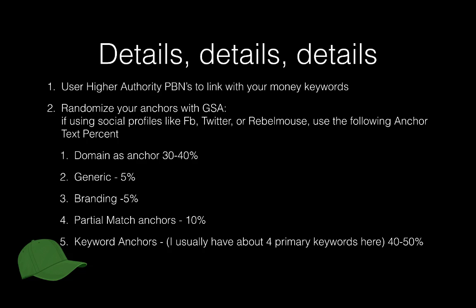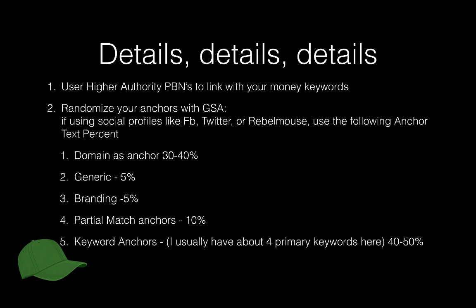Then you want your main primary keyword anchors. Usually I have about 3 to 4 of these in my primary keyword tab, and that's what's going to make up the remainder of your keywords. And this is going to be somewhere around 40 to 50% of your overall anchors.